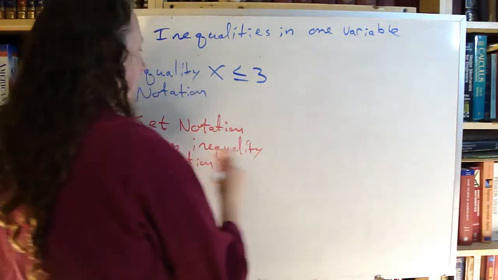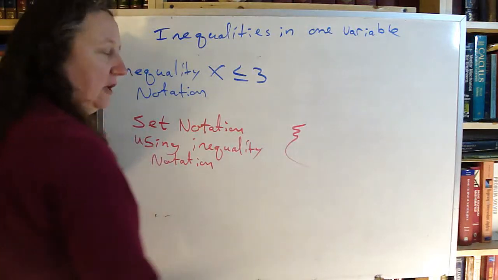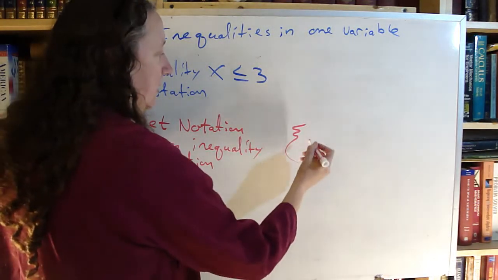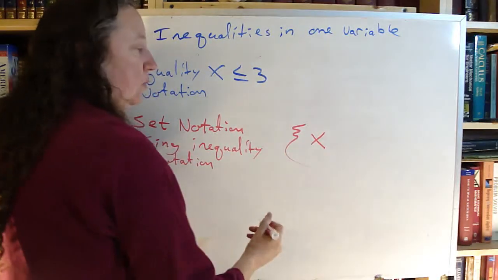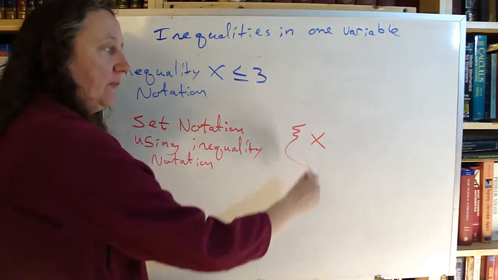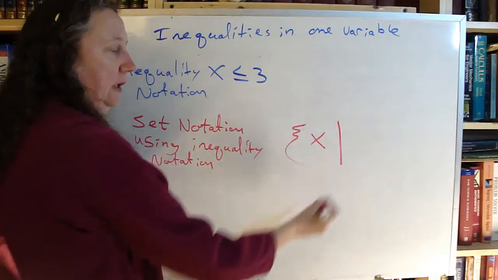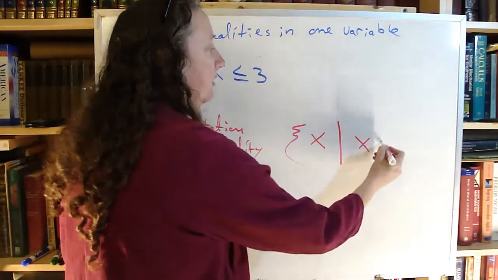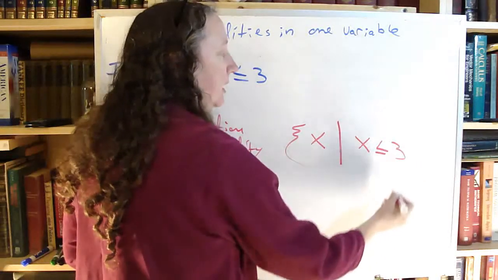So for the set notation, that's where you have the curly braces. Yeah, it's terrible, I know. And then you say, we're using the variable x, but we're only using those x's where x is less than or equal to 3.